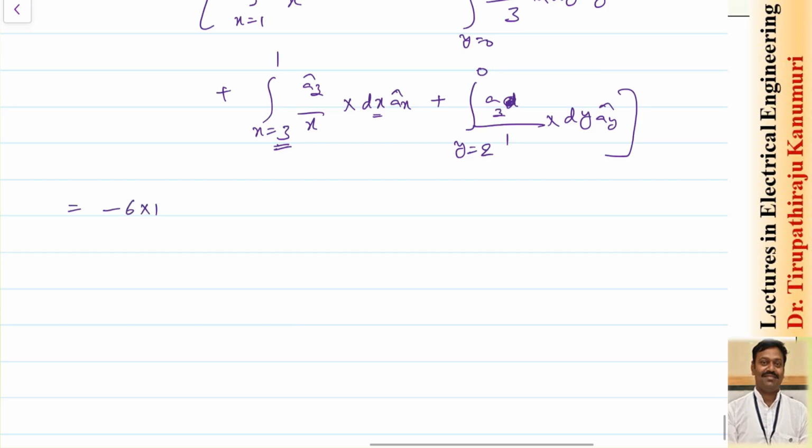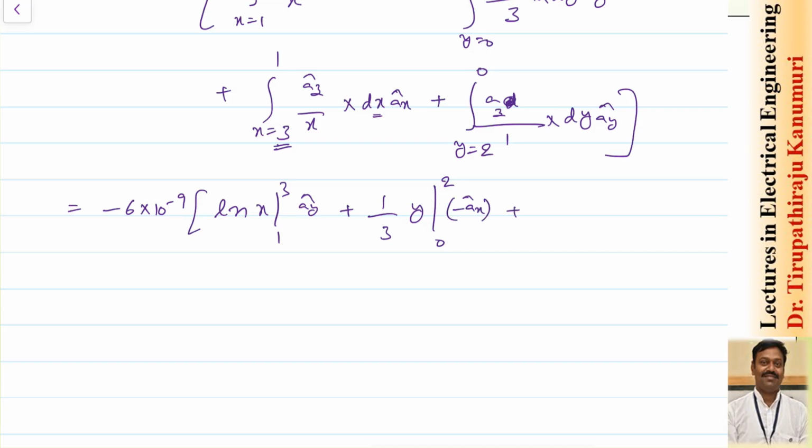This will become minus 6 into 10 to the power of minus 9 into ln of x, with limits from 1 to 3, in the direction of ay, plus 1 by 3 into y, with limits from 0 to 2, in the direction of minus ax, plus ln of x, with limits from 3 to 1, in the direction of ay, plus y, with limits from 2 to 0, in the direction of ax.